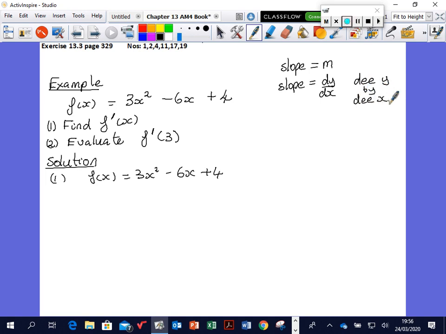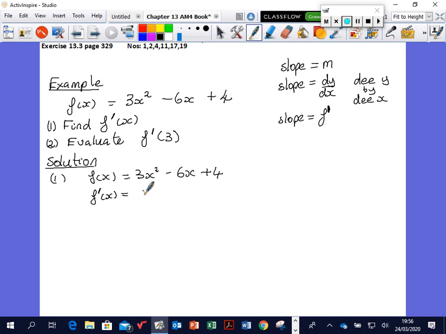Language is important. And finally, the last bit of notation is slope is equal to f dashed. So when they require us to find f dashed x, it means find the slope function. And the slope function means differentiate.